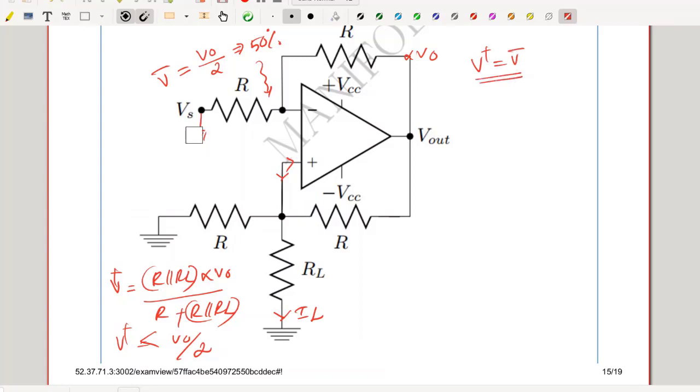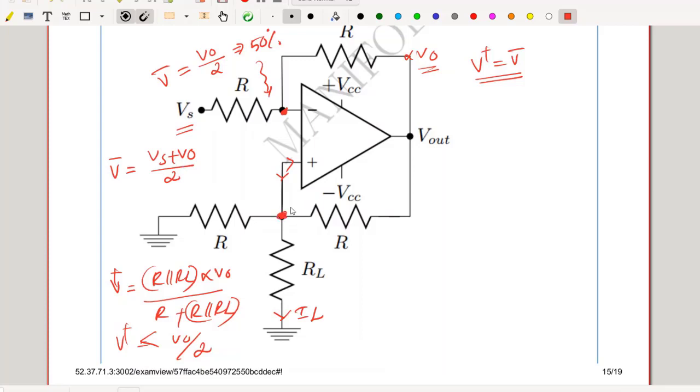So while evaluating the current IL flowing through RL, I should connect my Vs back to the circuit. I have two sources now, Vs and V out. This potential is nothing but V minus, which, when Vs is present, is Vs plus V out by 2.